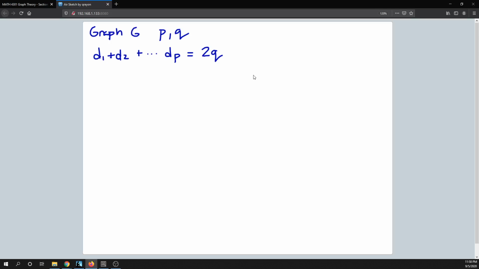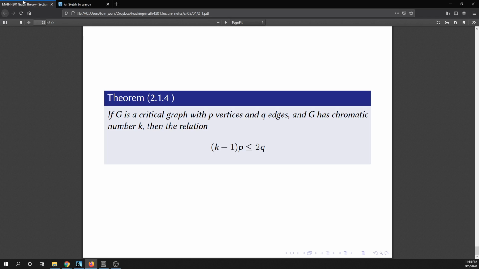And so we know that this graph G is critical.